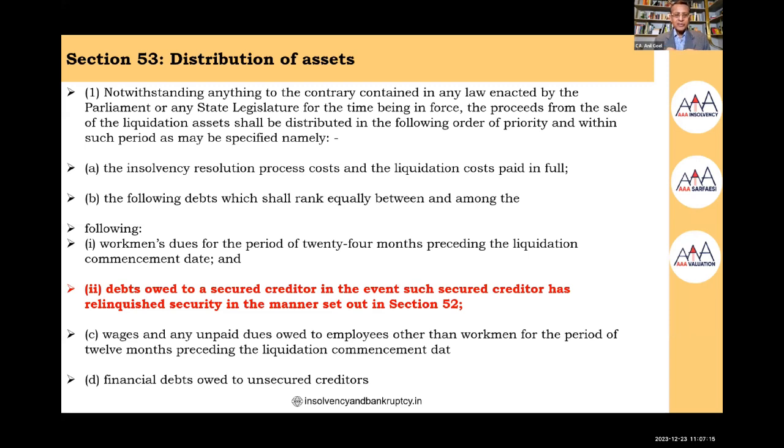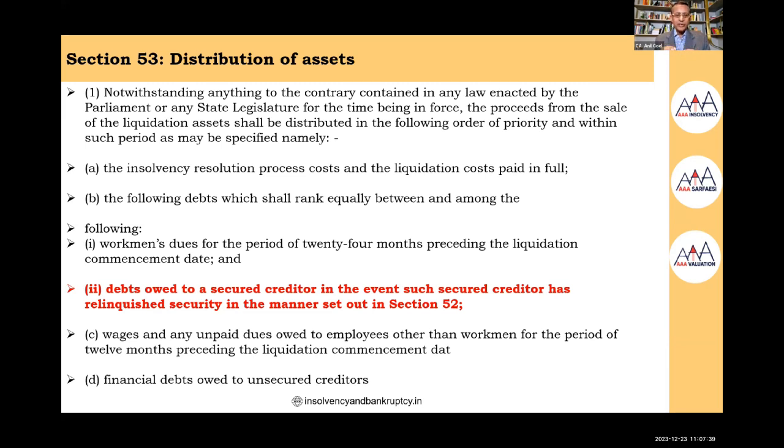First of all, let us see what section 53 says about the creditors. Distribution of assets, section 53, non-obstante clause. So after the CIRP cost and the liquidation cost, the first priority is given to the workmen's dues and secured creditors.